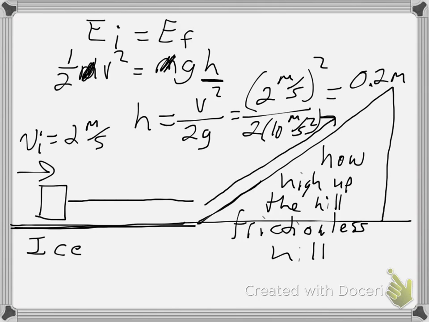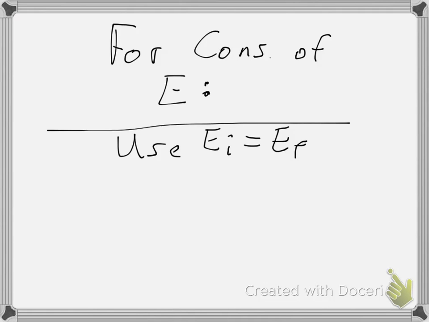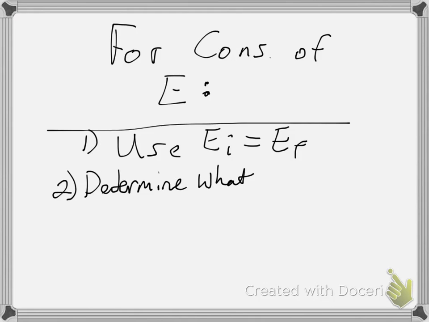So to sum up, for conservation of energy, step 1, use E_i equals E_f. Step 2, determine what the initial E is. Is it potential? Is it kinetic?